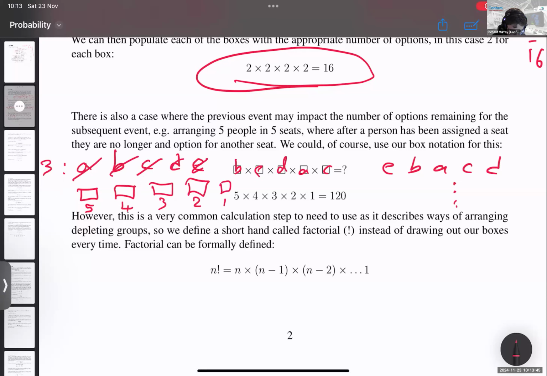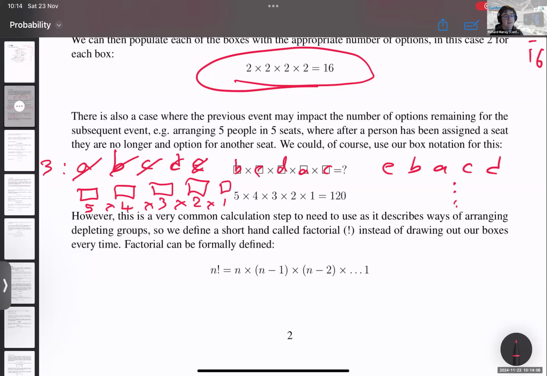And that leaves us with 1. Now, it doesn't matter which one of those people was assigned to each case because it's going to be the same number of options remaining in each case. So then we say it's applying the AND rule. So this is a multiply. So it's 5 times 4 times 3 times 2 times 1 is equal to 120.